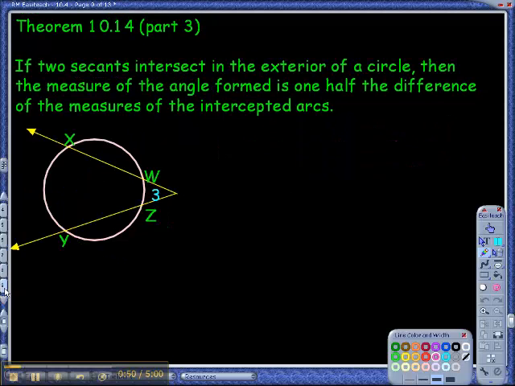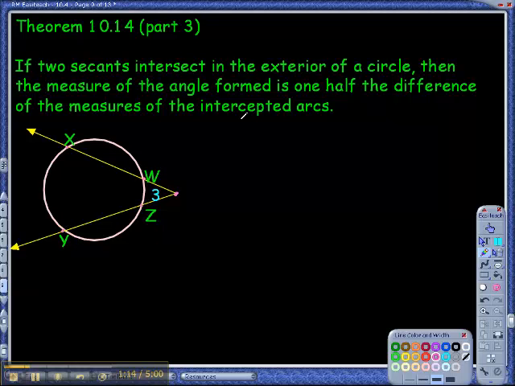Now, this last part to this theorem is talking about two secants. So again, you'll notice that they're intersecting in the exterior of the circle still, but this time they're both secants. So now we no longer have a tangent involved. We have two rays, in this case, that are going to intersect the circle at two places.